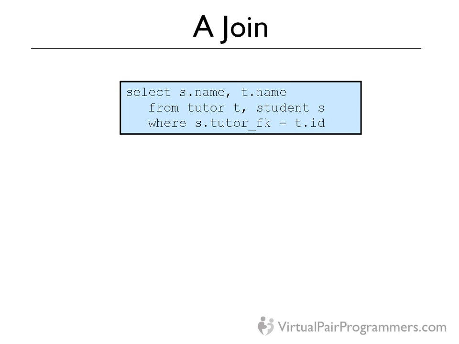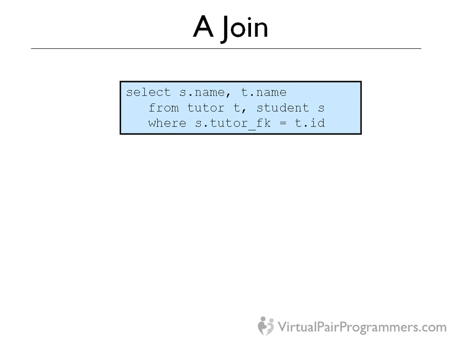For example, here in the select statement, I'm wanting to select the name column from the student table and the name column from the tutor table in that order. And the S and the T here are just those labels that I declared in the from clause. You'll see that it's quite common for database people to abbreviate the tables with a single letter.